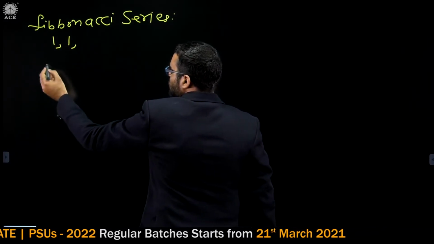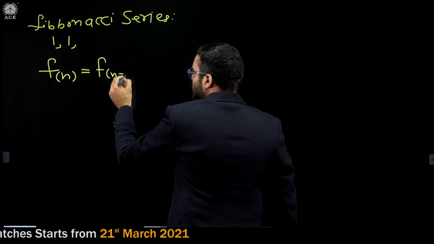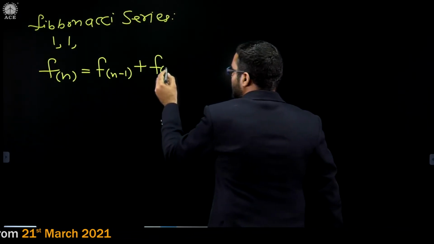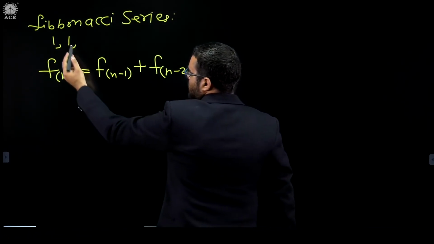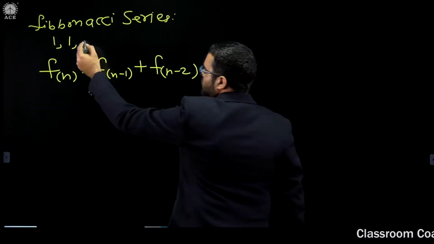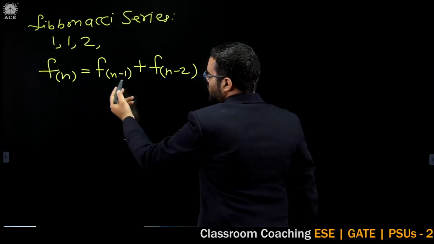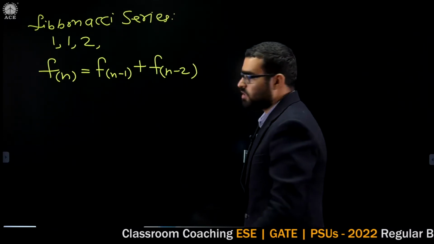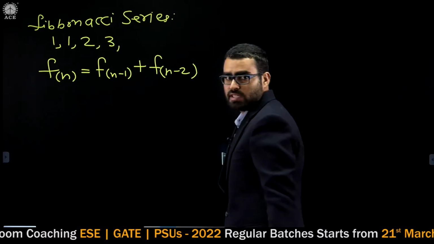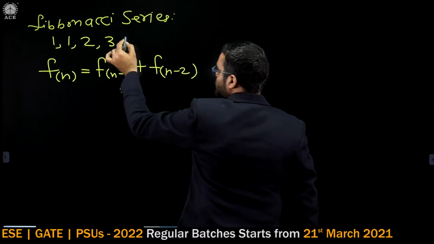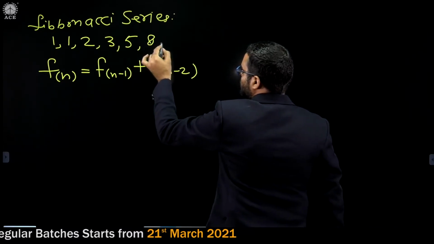Now Fn is equal to Fn minus 1 plus Fn minus 2. So the third number will be the second plus the first, that will be 2. The next number will be 2 plus 1, that will be 3. The next will be 3 plus 2, that will be 5. The next will be 5 plus 3, that will be 8, and so on.